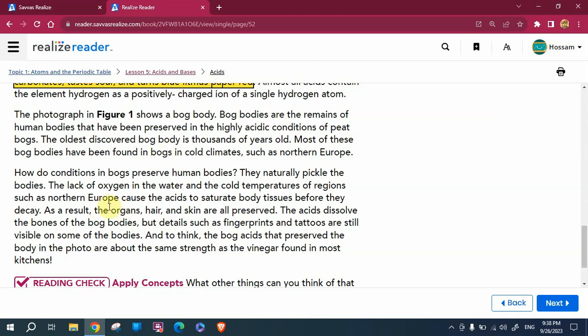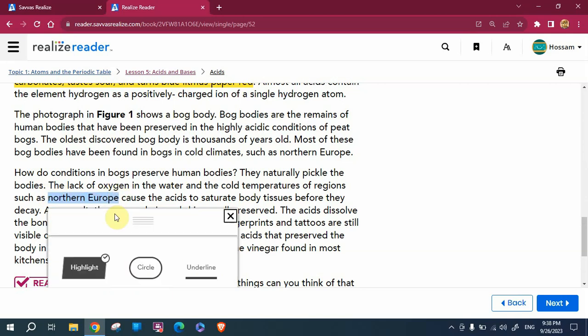Here it talks about the photograph. It is not an important topic, but for your information, the body of this human was kept for thousands of years because of acids. Weak acids are found in this area, besides the absence of oxygen and the very low temperature, because this body was found and kept in North Europe.